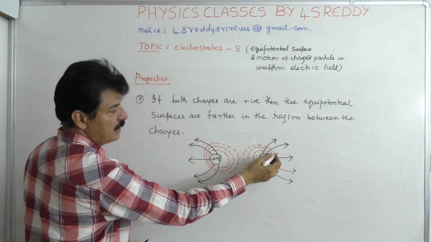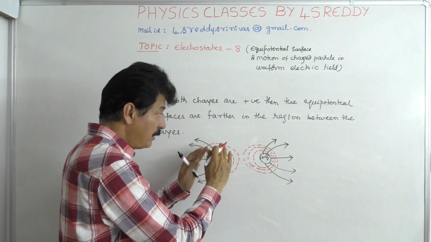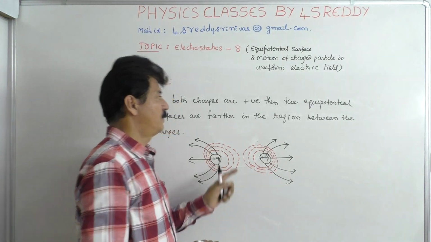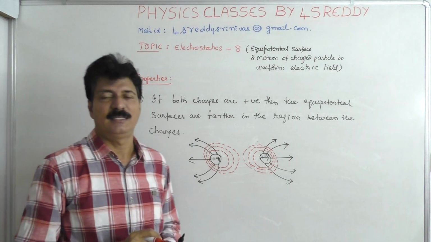So here they are closely packed in the region outside the charges, and they are sparse in between the region of the charges.